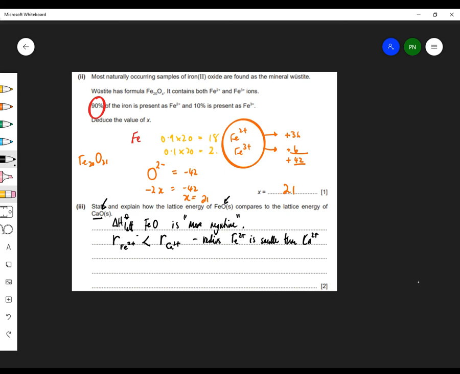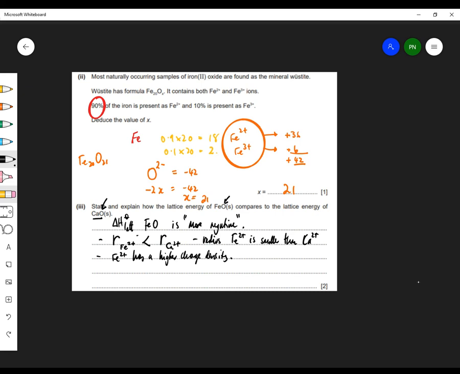Okay, because of that, what does that mean? Well, Fe2 plus has a higher charge density because it's smaller.